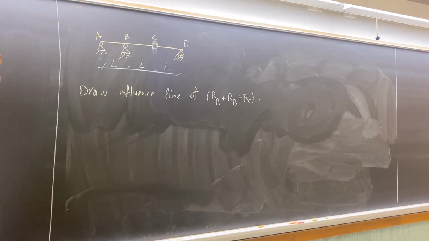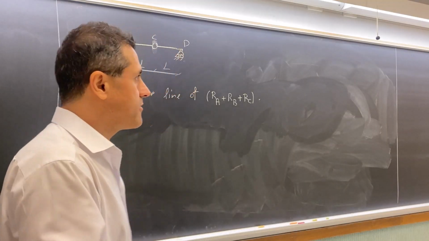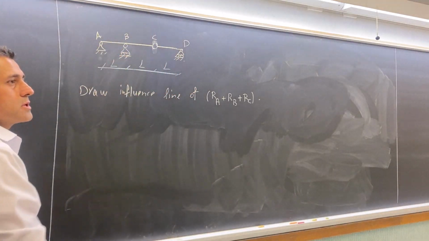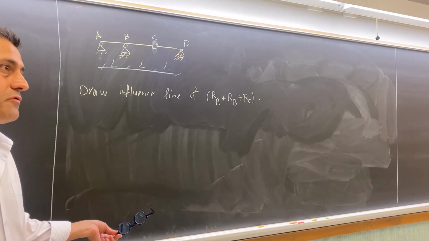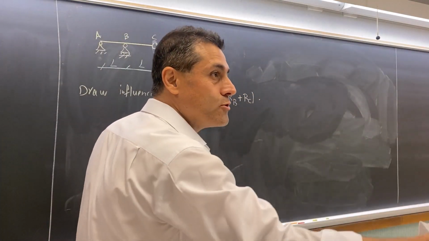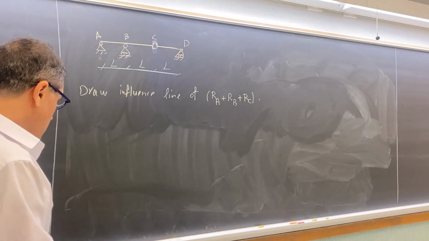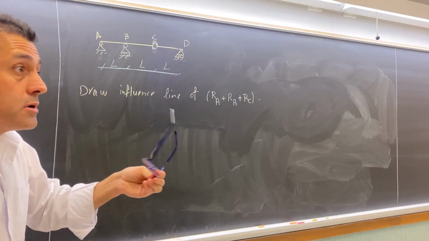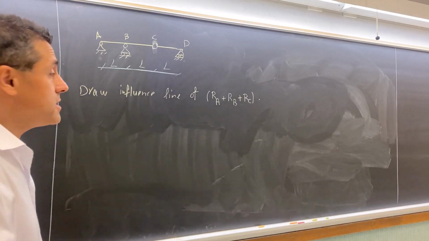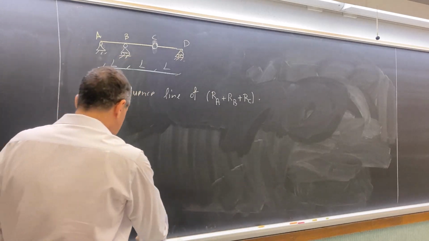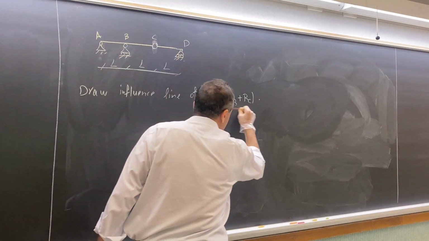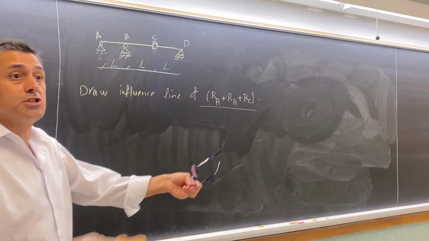Where is the load? Alex, where is the load? We don't see any load here. When we want to draw an influence line, basically we are not given a load. So we have to place a unit load, always, right? So where should I place the unit load? Anywhere. Remember, the unit load moves from A to D, and the amount of the variable, which is this one in this special question, will be changing.